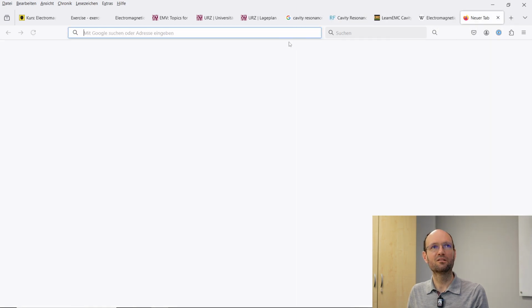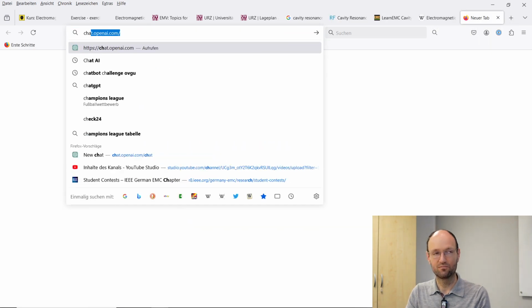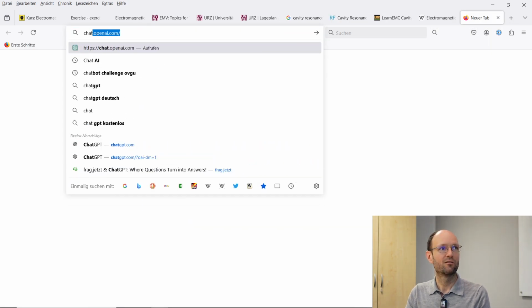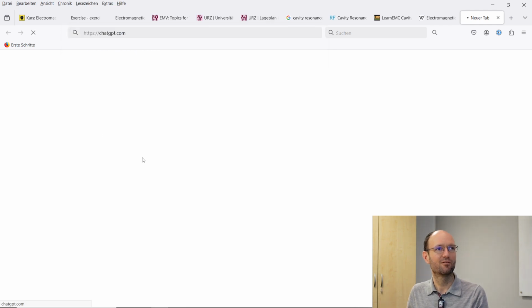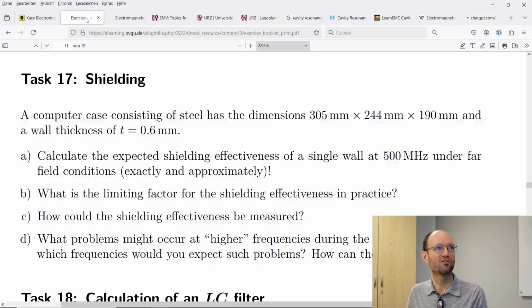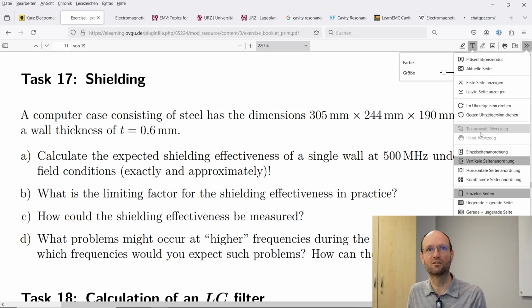So one last thing that we could do is ask ChatGPT, because this is a task that is maybe not too complicated. So now I need to go back to this text tool, I think, and copy this. No, this is not to copy, this is to write text.